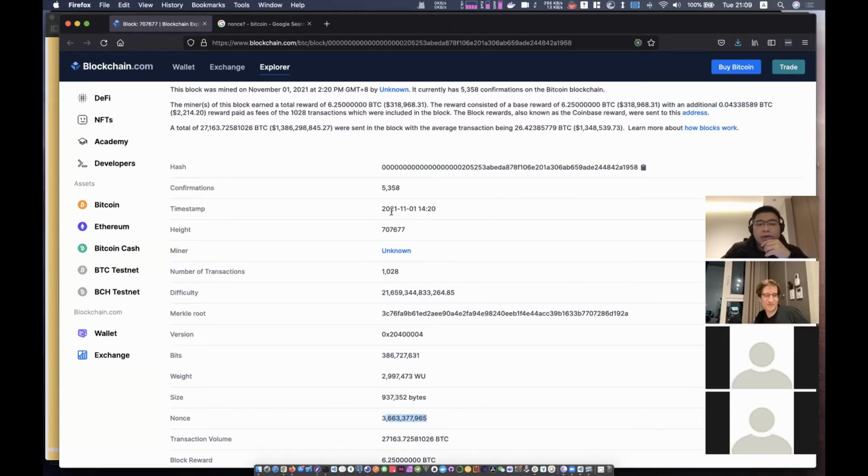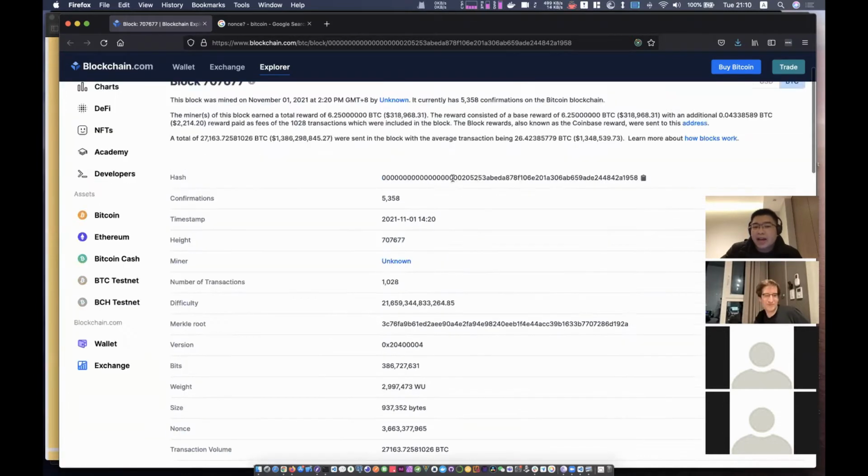The second thing we need to see is the timestamp of when the block was created. The height means how the blocks are connected one by one, so we can see the depth of the chain. This one is around 700,000. The miner is unknown, meaning who found the nonce and created the hash is unknown. The number of transactions is how many transactions are in one block.